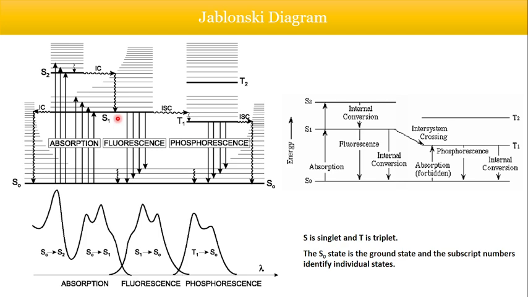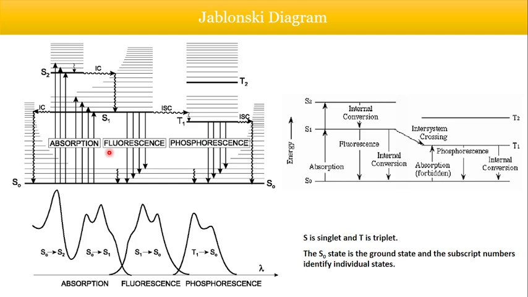So after absorption to a higher level, the electron loses its energy and moves down to a lower level via internal conversion. Now the electron is present in the S1 level from S2, and the energy which is radiated is termed fluorescence.